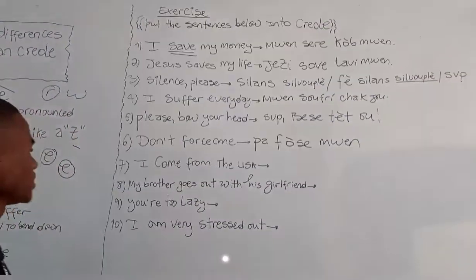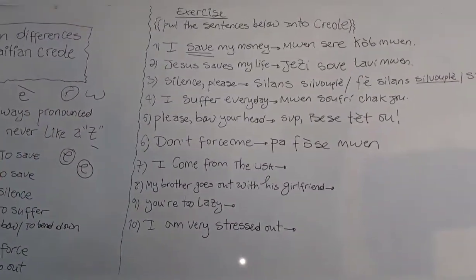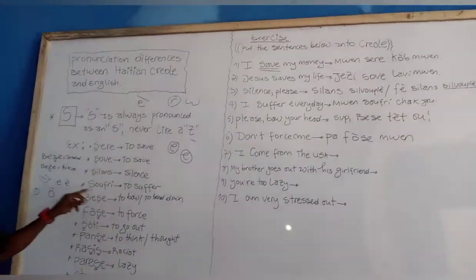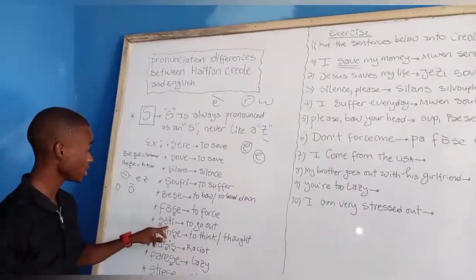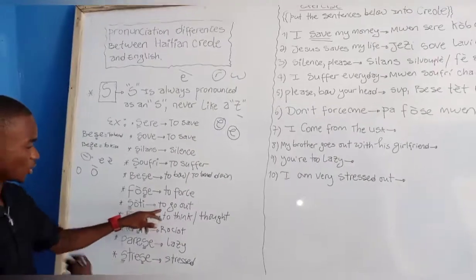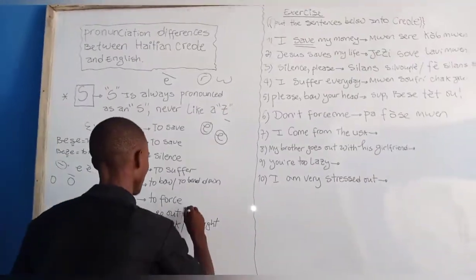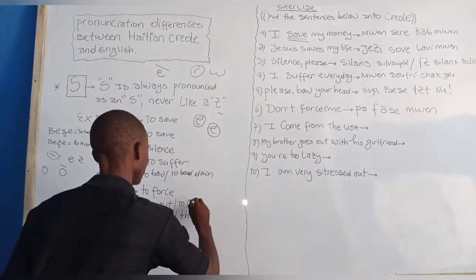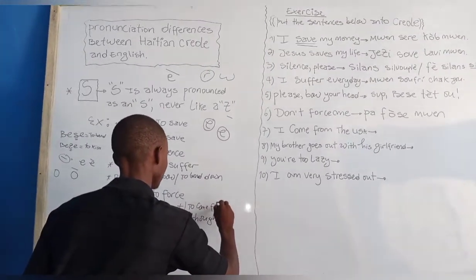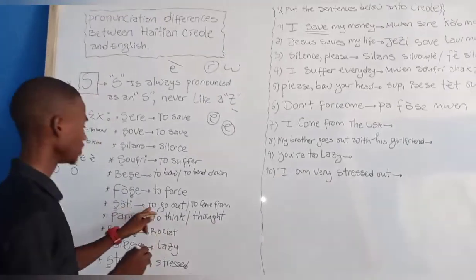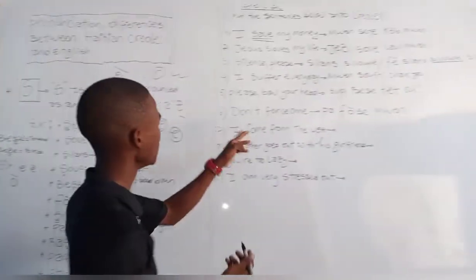The seventh sentence is I come from the USA. Here, when we have the word sorti, not only does it mean to go out, but it also means to come from, alright? Sorti, to go out and to come from. Let's see here.